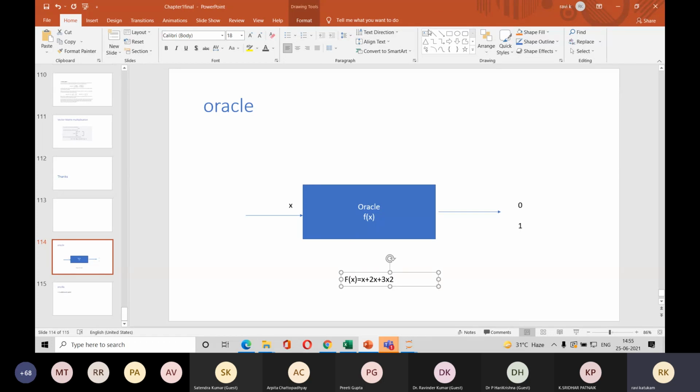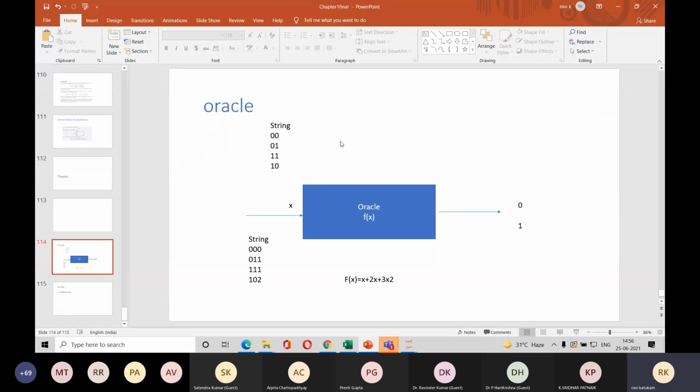And the input is a string of bits. What is the input? Input is a string. A string can be a two-digit string, so it can be 0 0 or 0 1 or 1 1 or 1 0, if it is a 2-bit string. Or it can be a 3-digit string, in which case you have 0 0 1, 0 1 1, and so on.